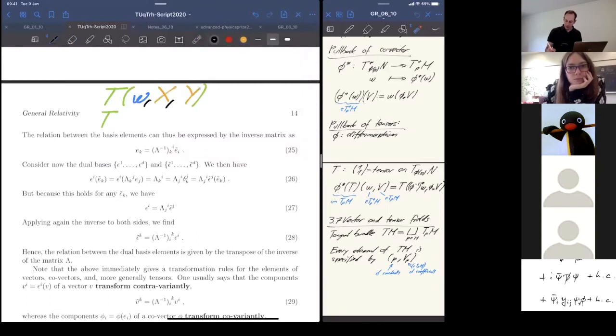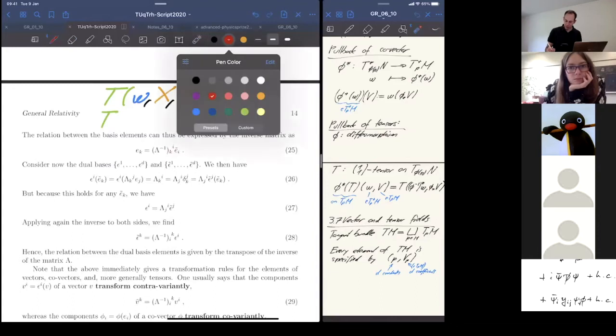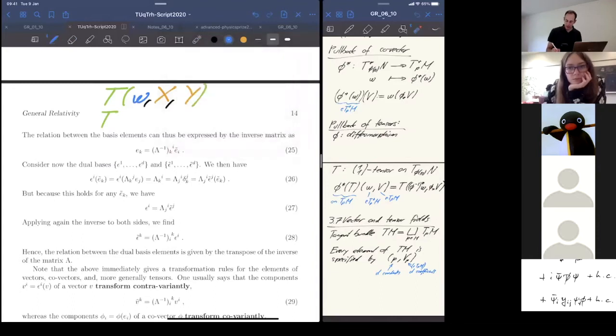Now, if I want to use indices, because it's a 1-2 tensor, I will have one index upstairs, and I will have two indices downstairs, j and k. And now you probably already see why I left here a space.